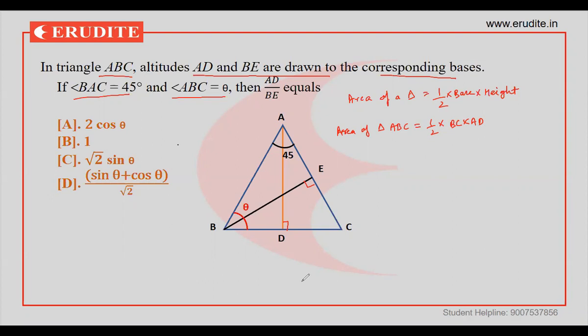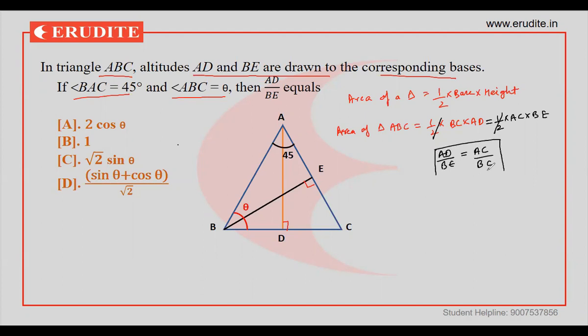Similarly, if I consider BE as the height, then the area of triangle ABC will also be equal to half AC into BE. If I equalize these two, the halves are gone, so I will get AD upon BE is nothing but AC upon BC.